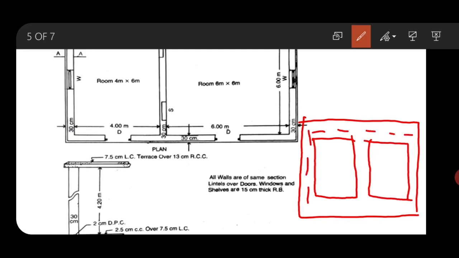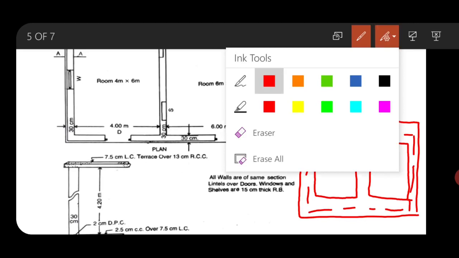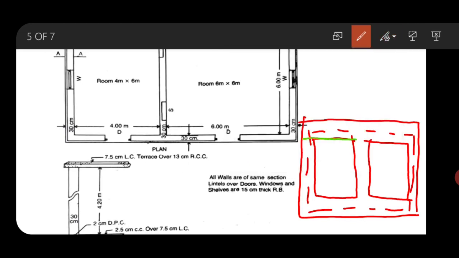So the wall thickness will be equal to 1.1. This one is the center line length, and we have already completed the earthwork in excavation in our long wall part. So this much part is already completed. So now we are left with this much portion. So this part is only left.